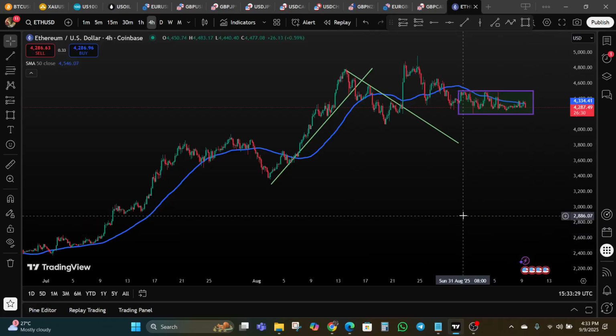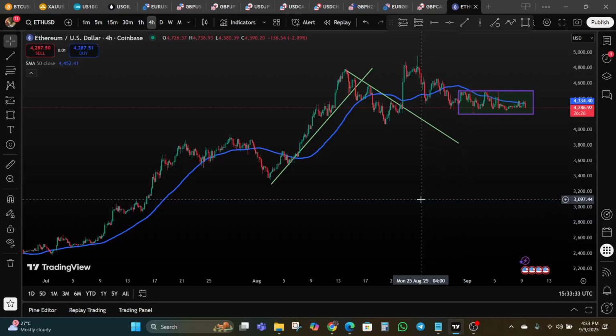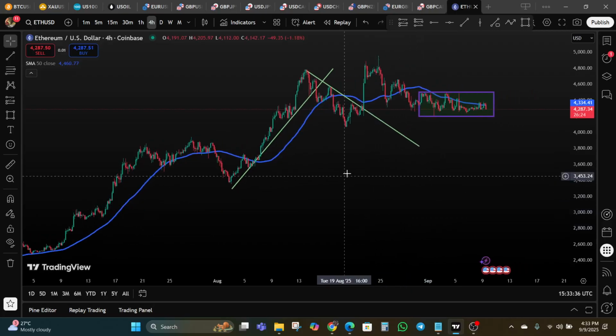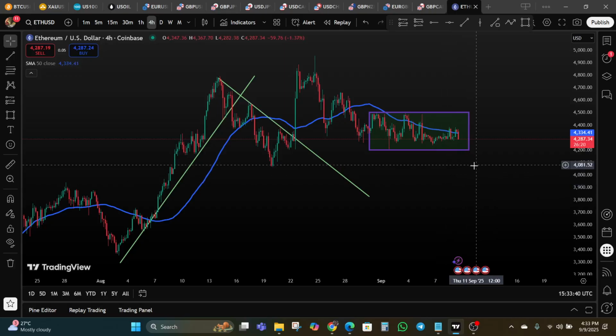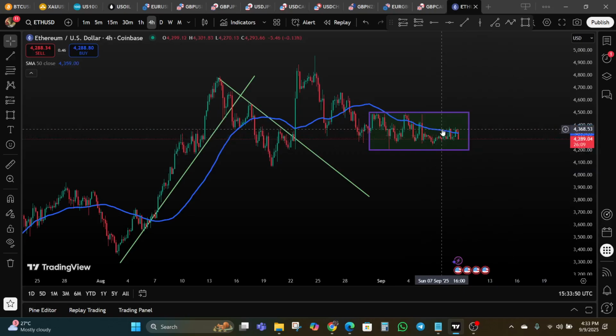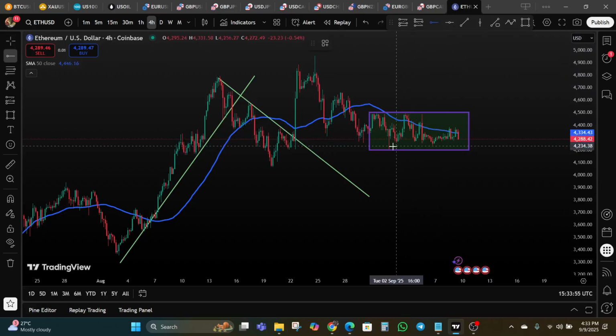Price action is the foundation of this strategy. You watch how the price reacts at key support and resistance levels. Candlestick patterns like pin bars or engulfing candles can signal potential reversals or continuation points.